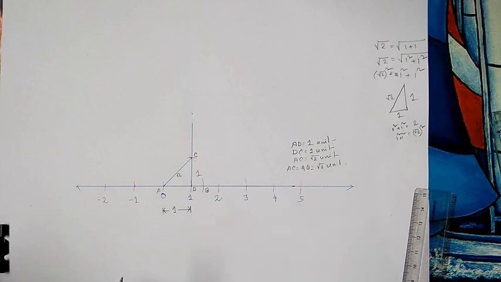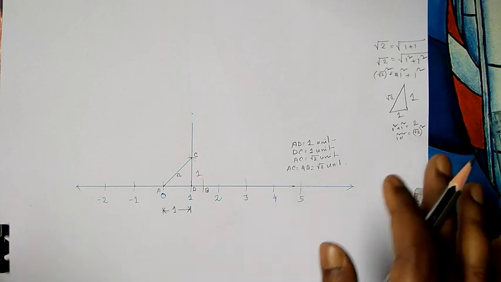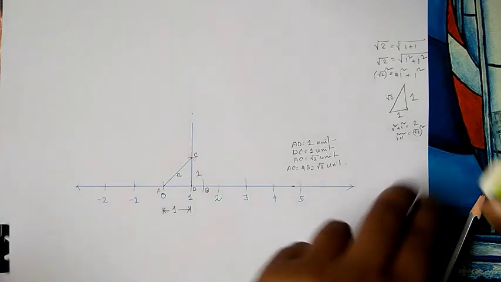So before root 3 you have to draw root 2 first, because without root 2 it's very difficult to draw root 3. So already root 2 we have, but I am explaining you why I need this root 2.